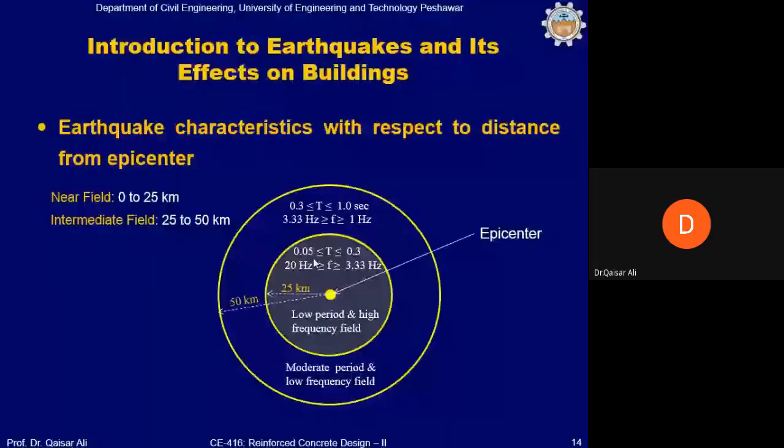We will see what the effect of these wave characteristics is for the same type of building. For the same type of building, they have different effects if they are located in different zones. Away from 50 kilometers, the zone is called the far field, which starts from 50 kilometers and above.